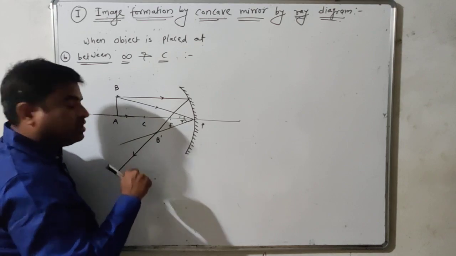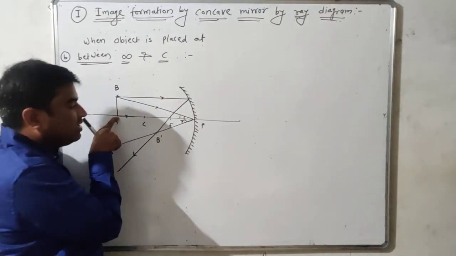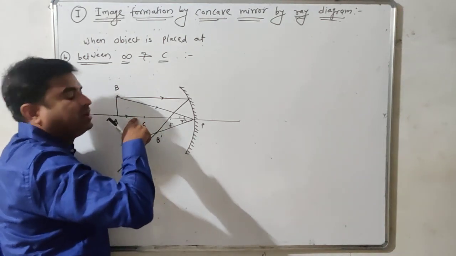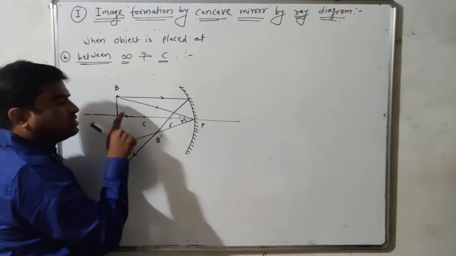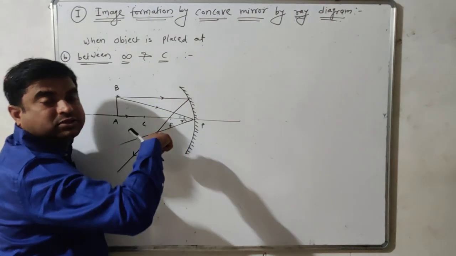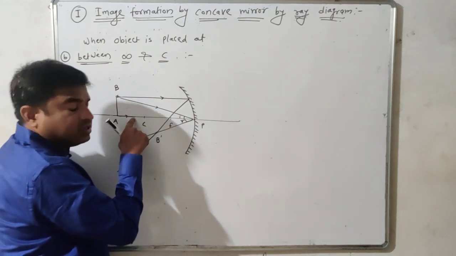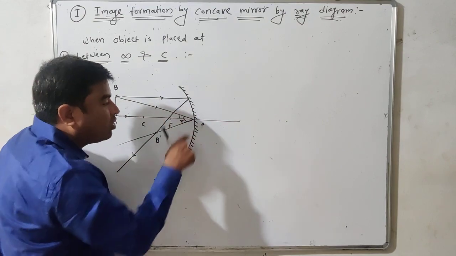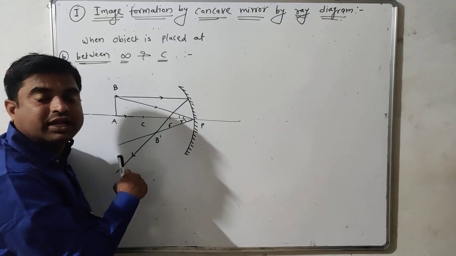It shows that the image of point A is exactly on the principal axis. As the object is located on the principal axis, the image is also on the principal axis. Why? Because out of the total rays, the one ray emitted by this point travels along the principal axis. That means it is incident along the normal, so it retraces its original path in the opposite direction.